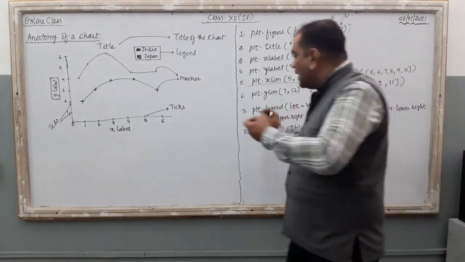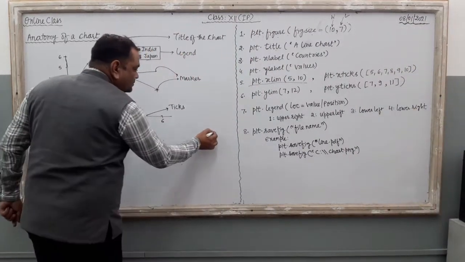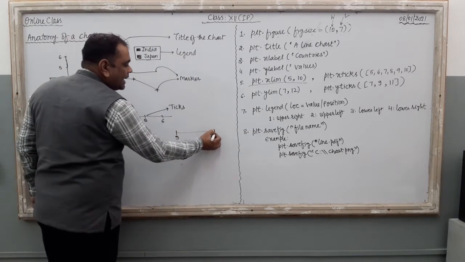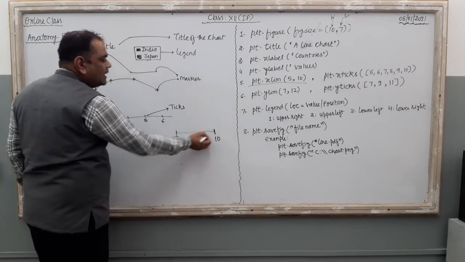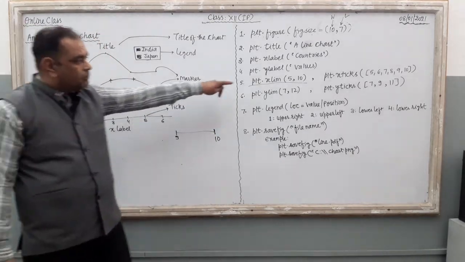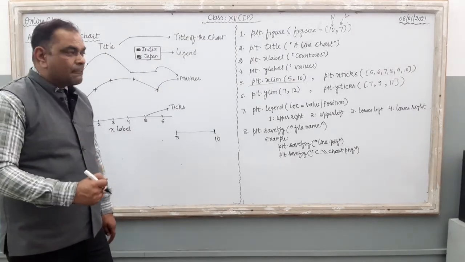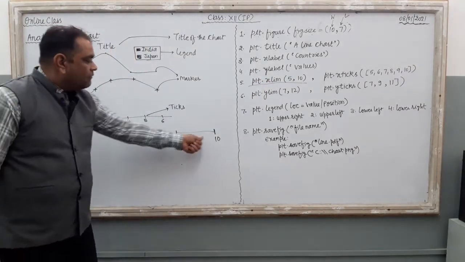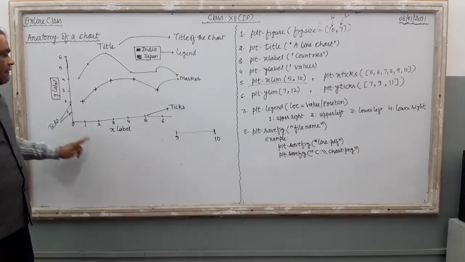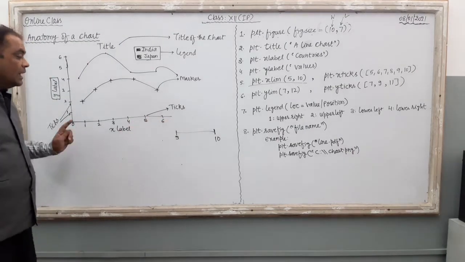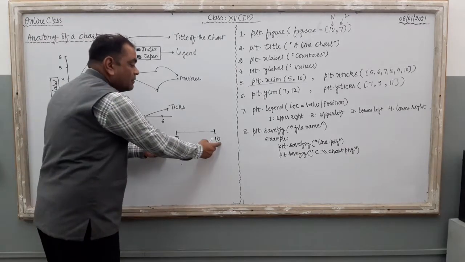It means that on the chart, the x-axis starts from 5 and ends at 10. Starting point 5, ending point 10. Right? It is known as the limit. Limit means the minimum and maximum value.